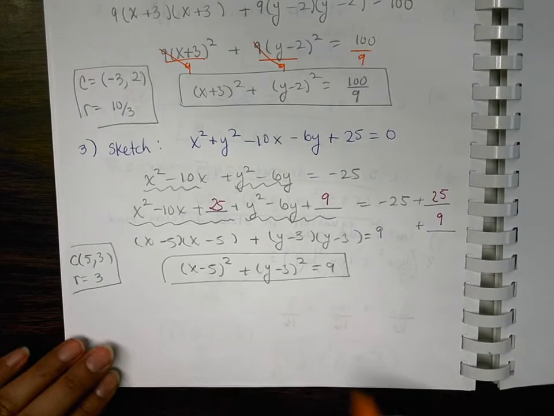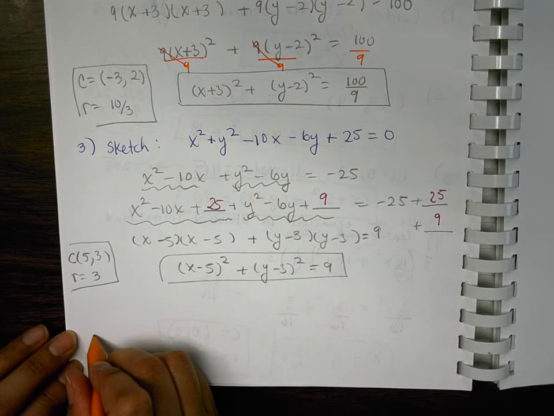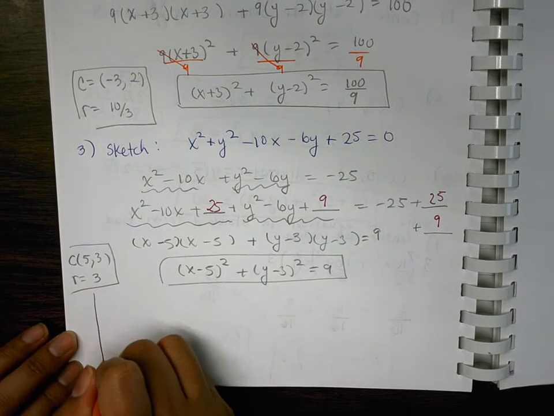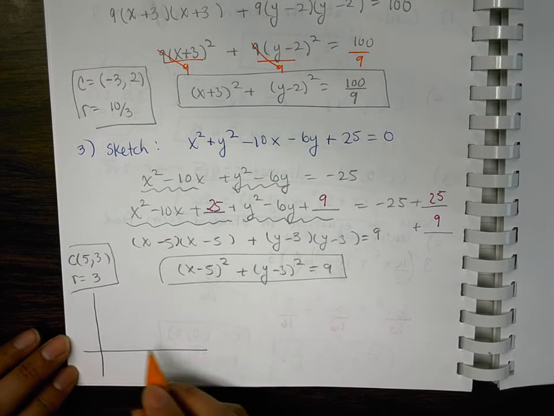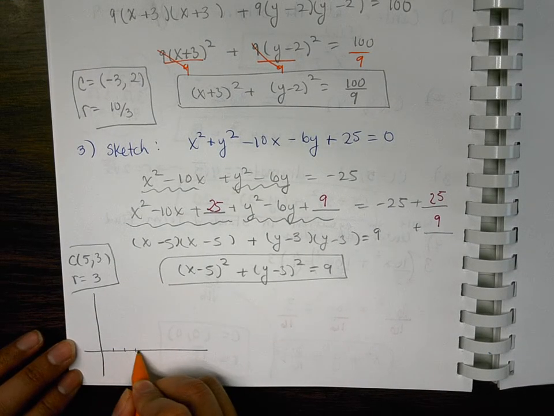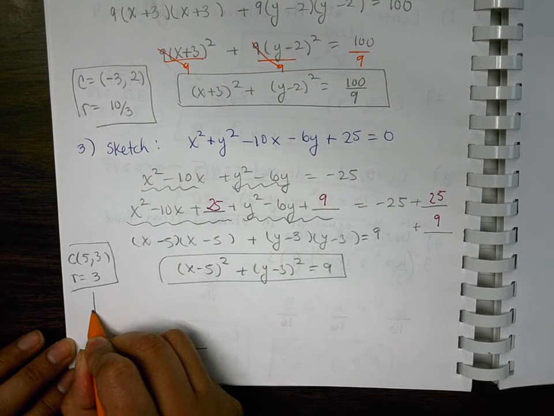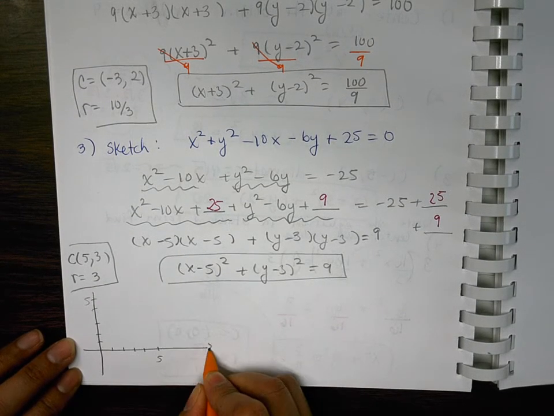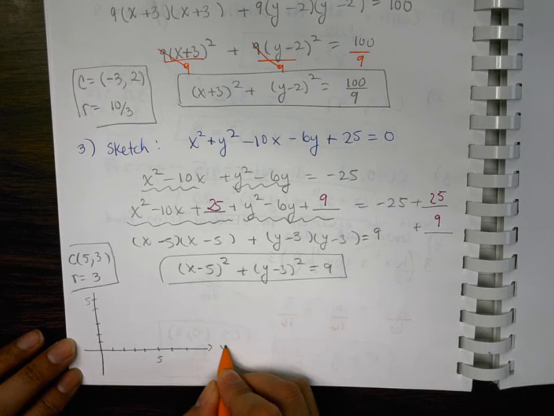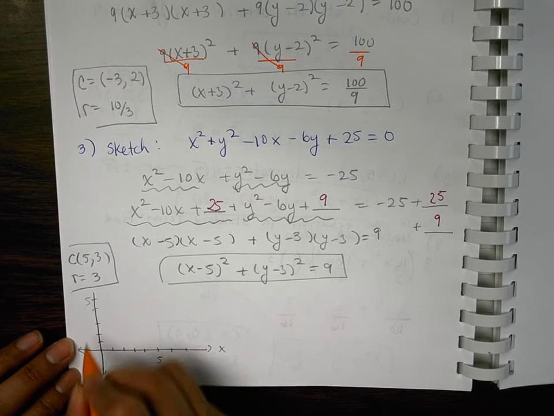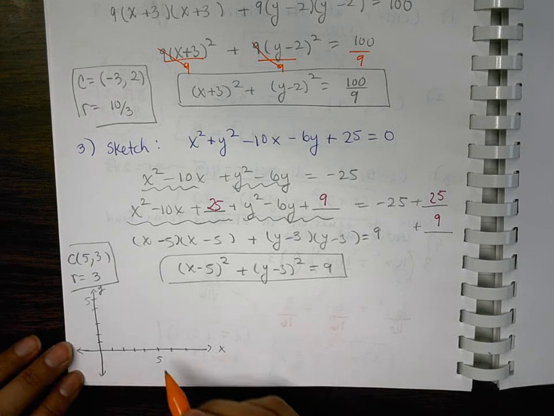Are you ready? All right, I didn't leave myself very much room. Is this your last problem? All right, center is 5, 3.